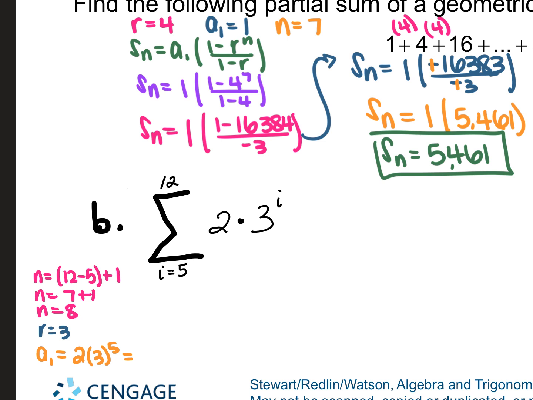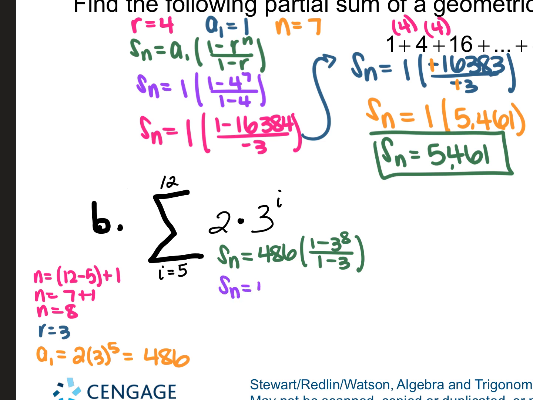If we multiply that by 2, that gives us 486 for a sub 1. So use your formula. You're going to have S sub n is equal to a sub 1, which is 486, times 1 minus r, which is 3, to the power of n, that's 8, over 1 minus r, which is 3.